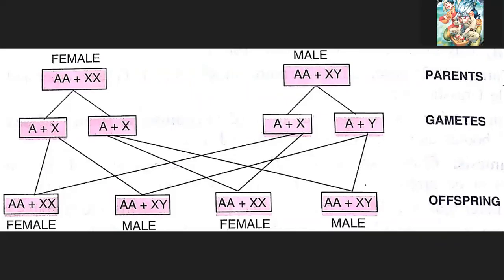So if there are two Ys and one X, if one Y is dominant and the other Y is recessive, then the dominant Y will work. Even if both of them are dominant, you get the same dominant effect. That is totally true.